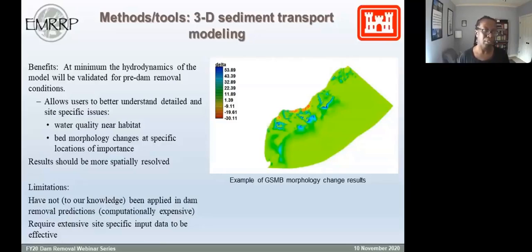The limitations are that, one, we haven't seen a lot of this, or any, applied in dam removal predictions. This is very computationally expensive, but in some cases it might be worth it if you have contaminants or other concerns. This really requires extensive site-specific input data to be effective.